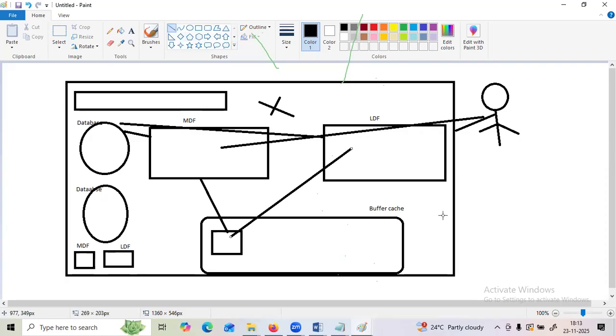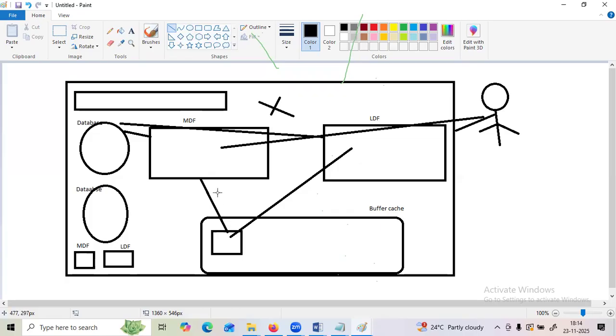Initially, whatever data is going to be modified will be picked from the disk. Disk means MDF or maybe NDF. Why? Because our permanent data is stored in the data file, which may be an MDF file or an NDF file. So that is the reason the data is picked from the disk and kept in the buffer cache.